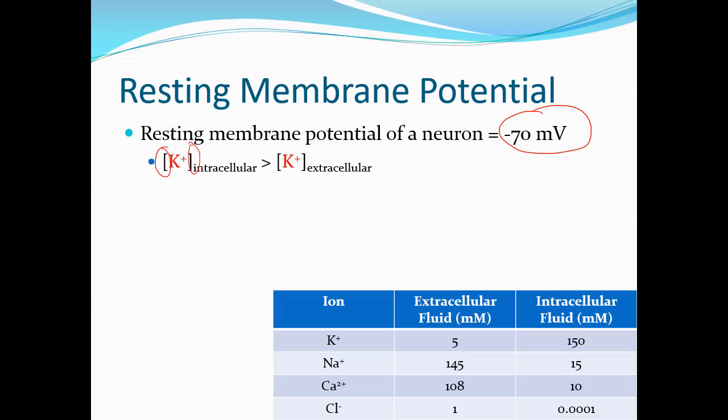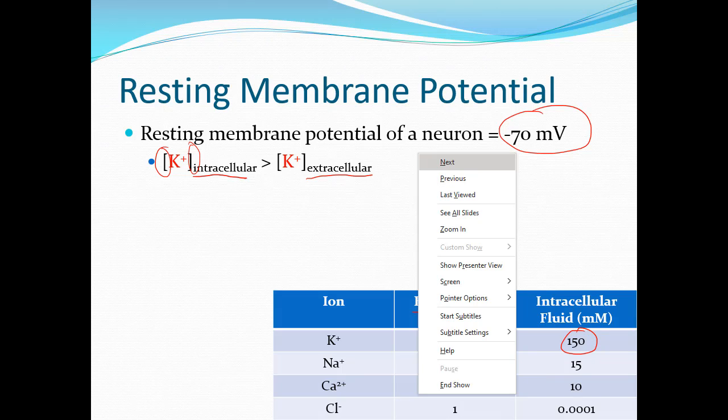The concentration of potassium inside the cell is greater than the potassium concentration outside of the cell. Looking at these numbers, extracellularly, outside of the cell, we only have 5 millimolars of potassium. However, within the cell, we have 150 millimolars of potassium.